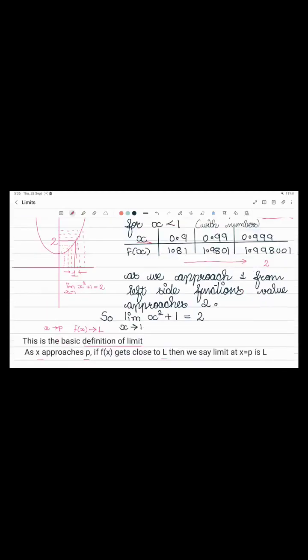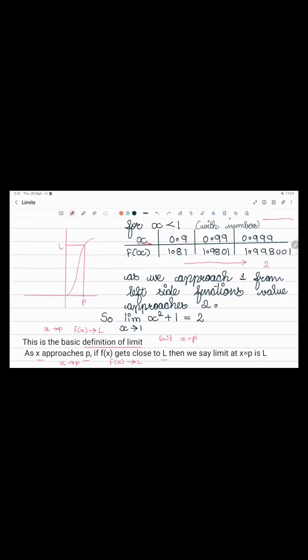So this is the basic definition of the limit, which says that if we want to find the limit at say x equal to p, whenever the values of x tends to p and the function's value f of x gets closer and closer to L, we say that the limit at x equal to p is L. Again we have taken a random graph, and we will find the limit at the point p.